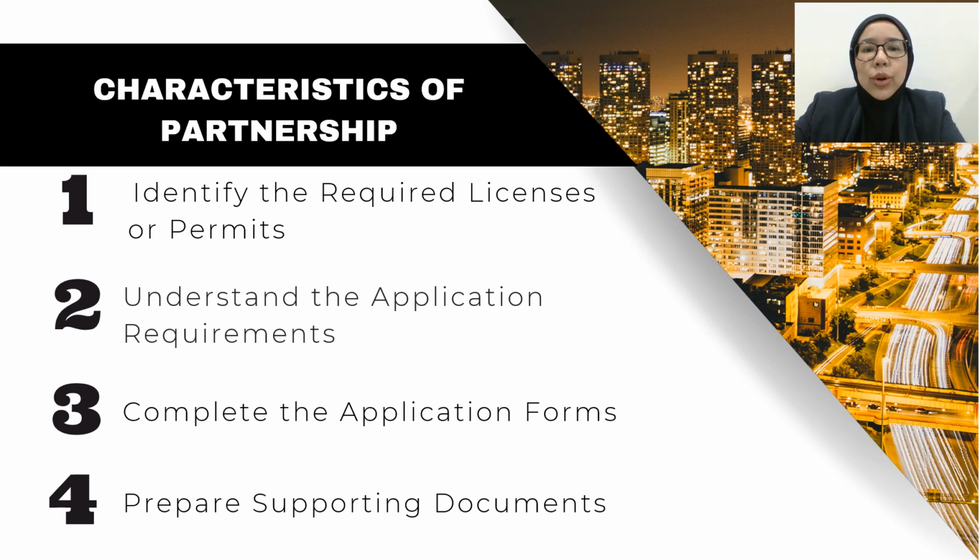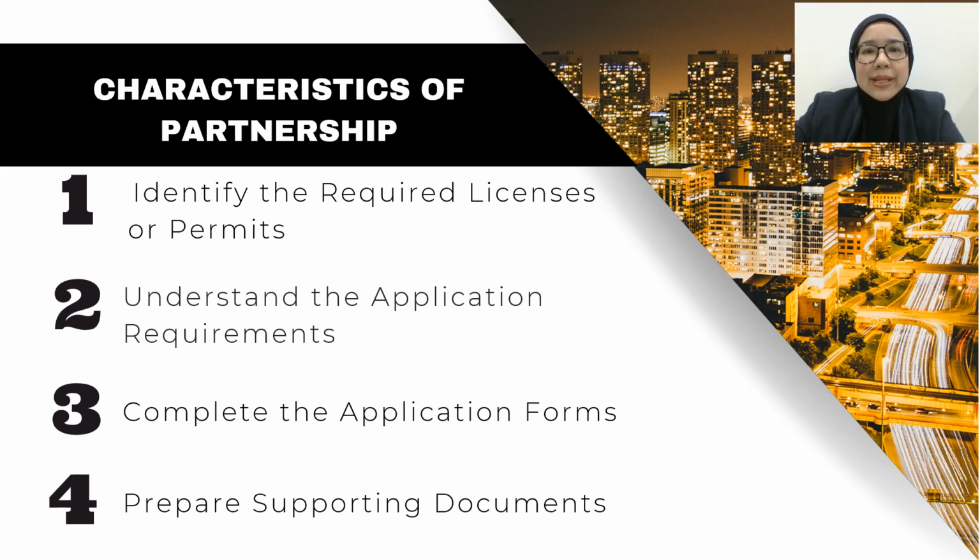Third one is to complete the application form. Obtain the necessary application form from the relevant authorities or download it from their website. Please ensure that the form is filled out accurately and completely, providing all required information and supporting documents.